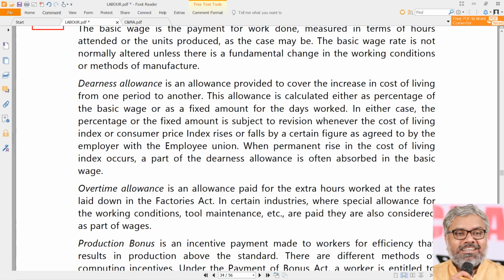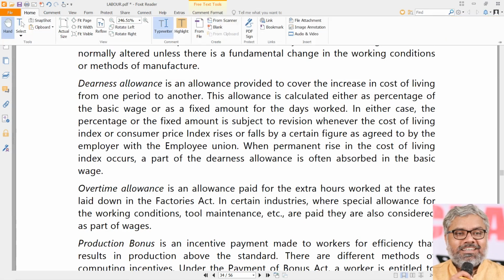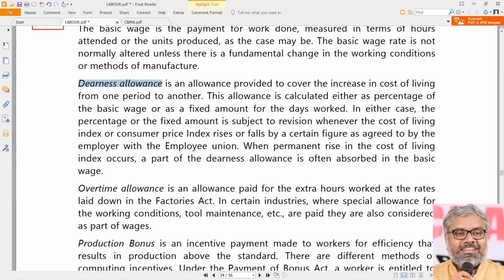Like this, there might be many other things like dearness allowance, which is generally given as a percentage of basic, or sometimes even a fixed amount can be given as dearness allowance. Usually this is given for the purpose of meeting the inflation and additional expenses that employees might incur because of the rise in prices. So the consumer price index usually will be linked to the DA percentages which are fixed.